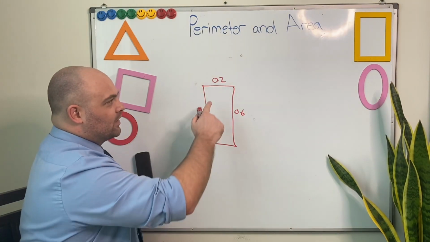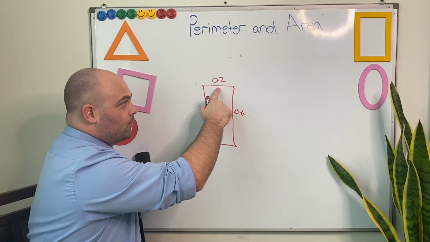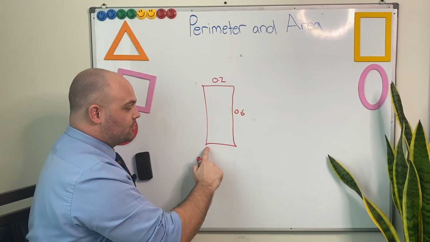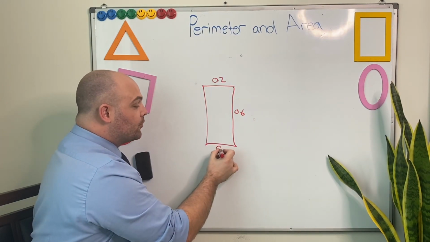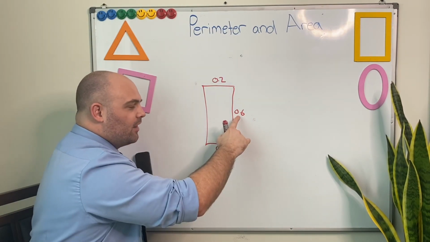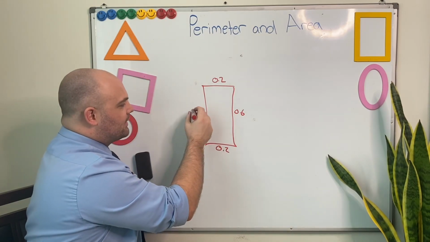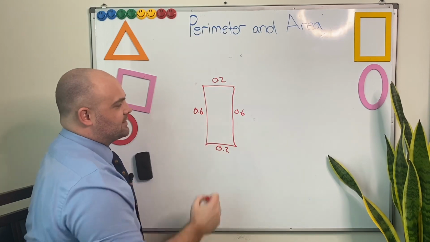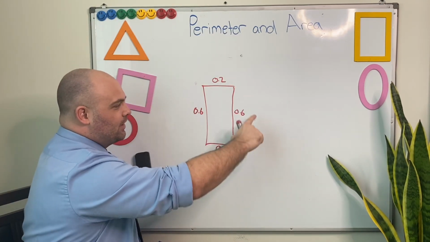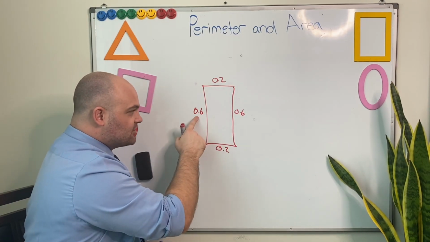Well, because this width here is 0.2, then the width here will also be 0.2. If the length here is 0.6, then the length here must also be 0.6. And now all I need to do is add all of these up.